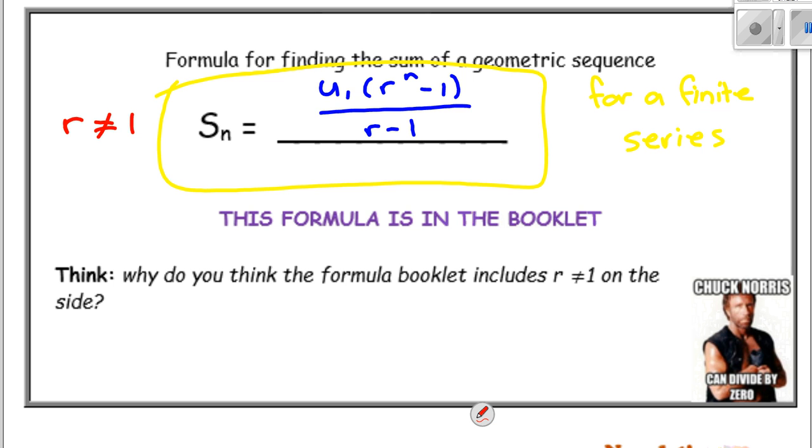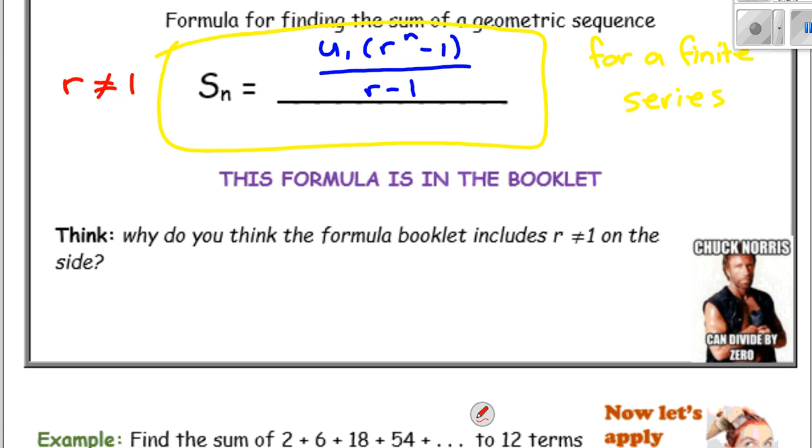Exactly. If R is equal to 1, you would have a 0 denominator. And remember, in maths we're not able to divide by 0. It's a non-allowed mathematical operation. If R equals 1, then the denominator becomes 0.